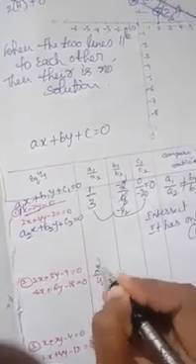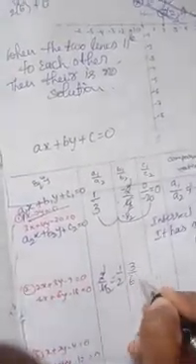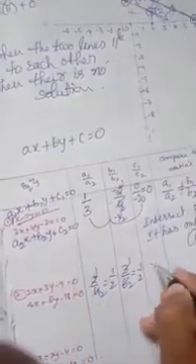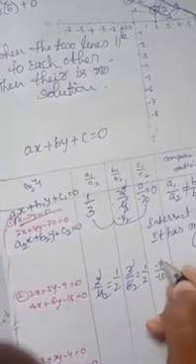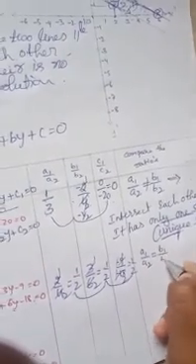In this way, we find the ratios a1 by a2, 2 by 4, 2 1s are 2, 2 2s are 4, 1 by 2. b1 by b2, 3 by 6, 1 by 2. c1 by c2, minus 9 by minus 18, minus cancels, 1 by 2. When we observe these three ratios, we get a1 by a2 is equal to b1 by b2 is equal to c1 by c2.